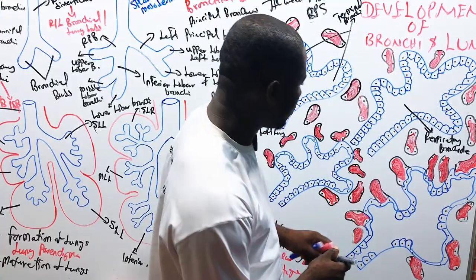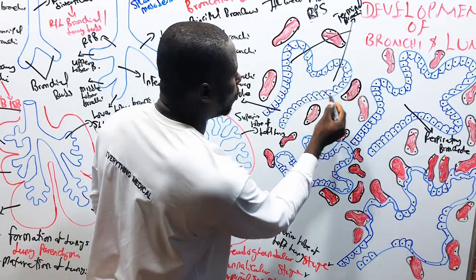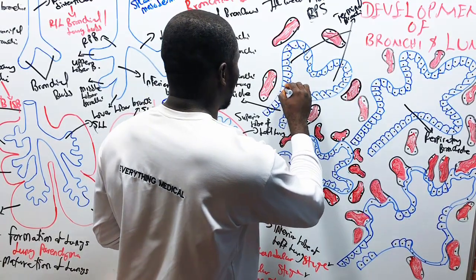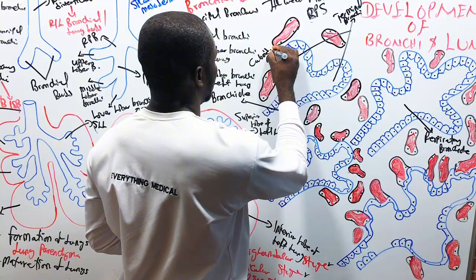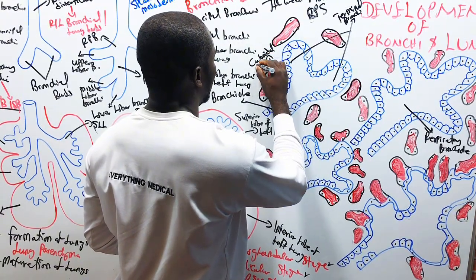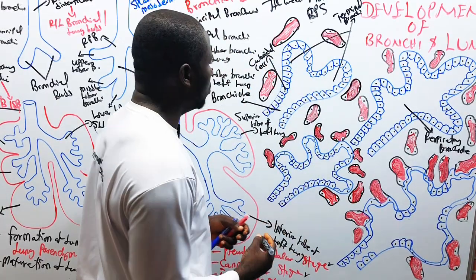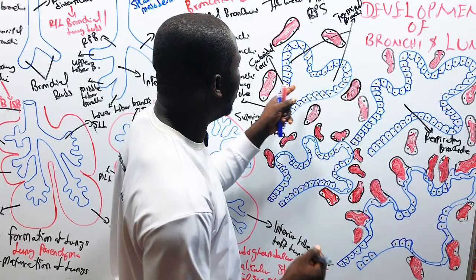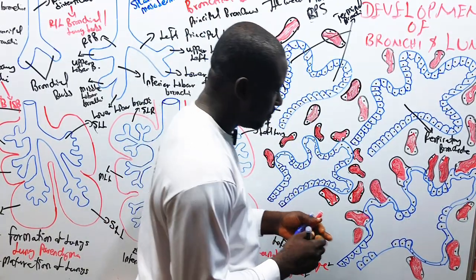Recall that these cells you are seeing here are the cuboidal cells, or cuboidal epithelium. You can call it cuboidal epithelium or cuboidal cells, right?